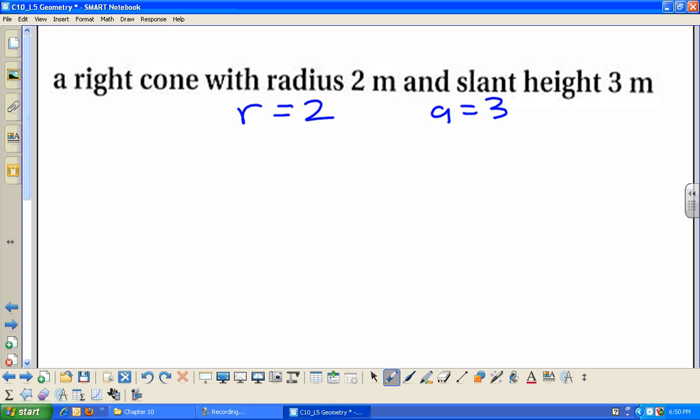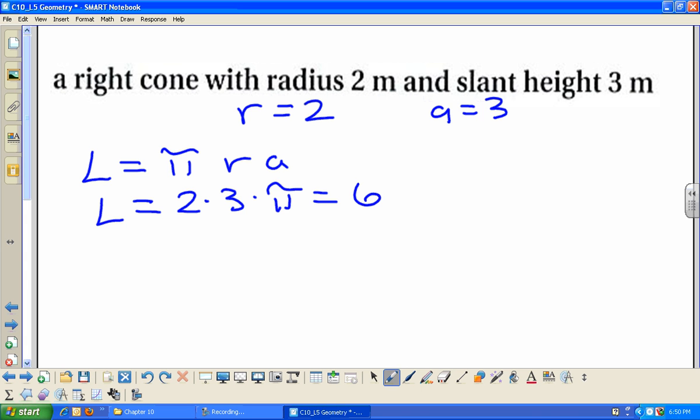So if I first find my lateral area, it is equal to pi times r a. So my lateral area for this cone would be 2 times 3 times pi, which is equal to 6 pi. And if I want to find the area of my base, it's radius squared times pi, which is equal to 4 pi.